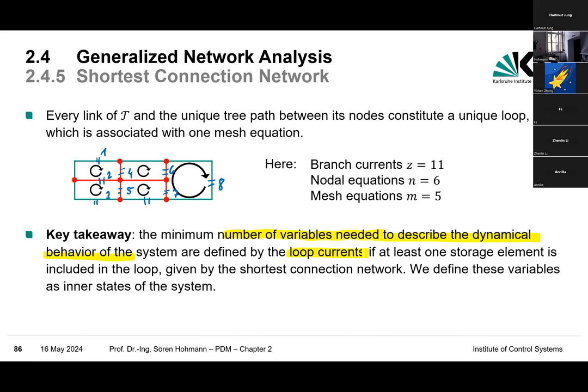Damping brings no additional state if it's not connected in parallel in such a way that we reuse the variables, so we need 2 variables. It's an order 2 system. And this can be done directly on the graph.